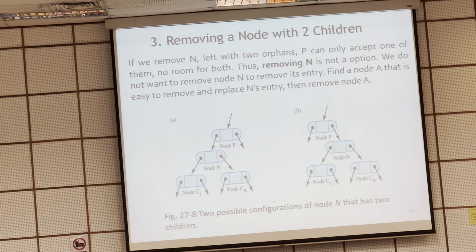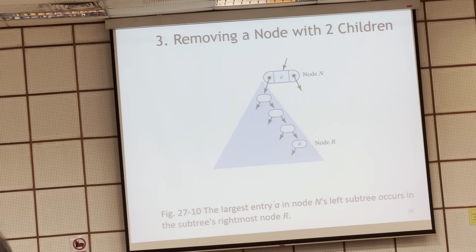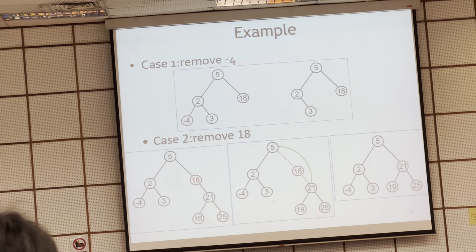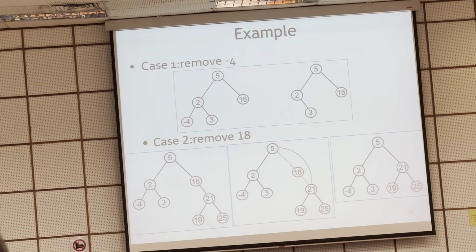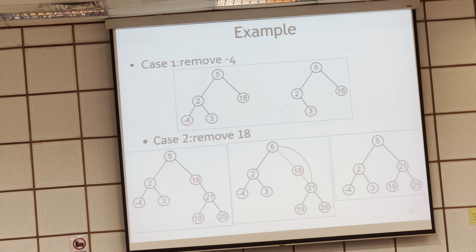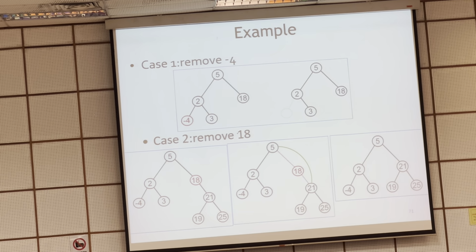Alright, so these are the 3 possible cases. First case, I'll show you the easy one. We want to remove the leaf node, just remove it, and this is your final tree.